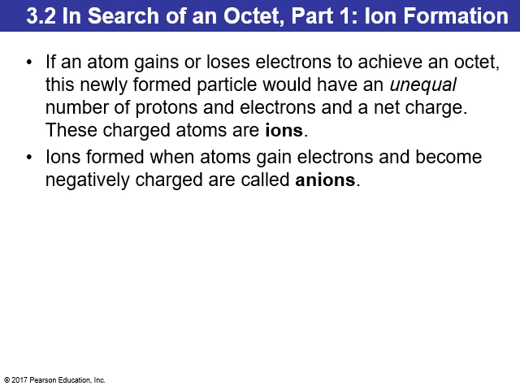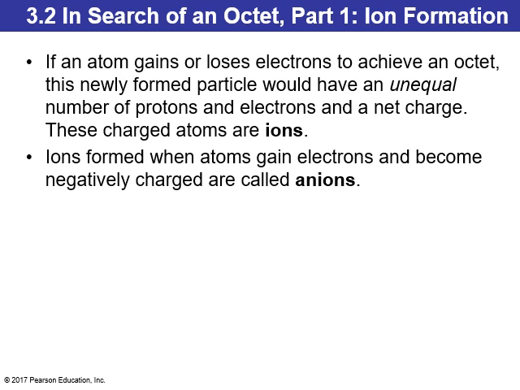And it does this in order to gain either a full or empty valence shell. Atoms are more stable if they have a full or empty valence shell. And there are several ways that they can obtain this. One way is to totally give up electrons or to take an electron. Another way is to share electrons in what we call a covalent bond. We'll talk about that in a little bit here.